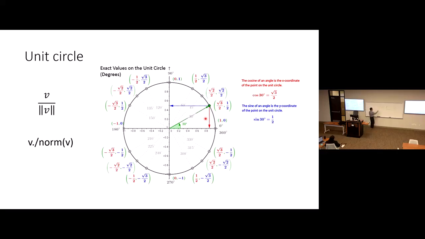If I decide to use this as my x-axis, I have to select another one, either this or that. I have two options.